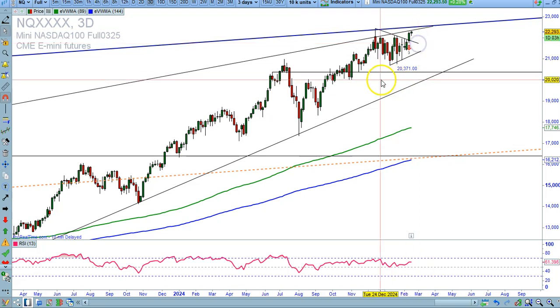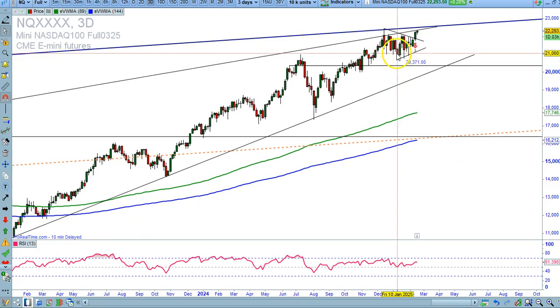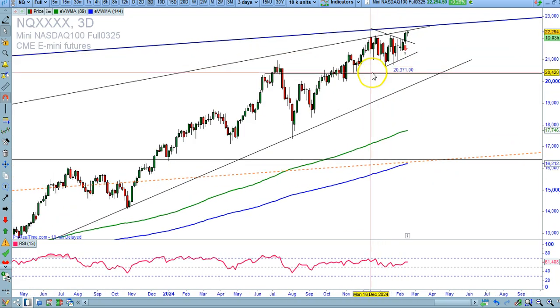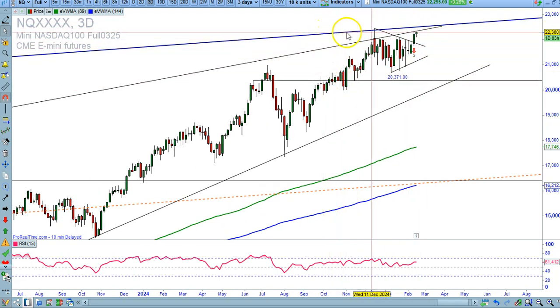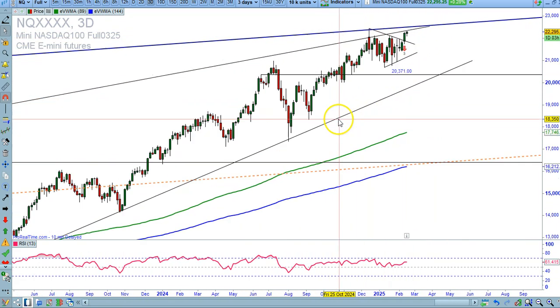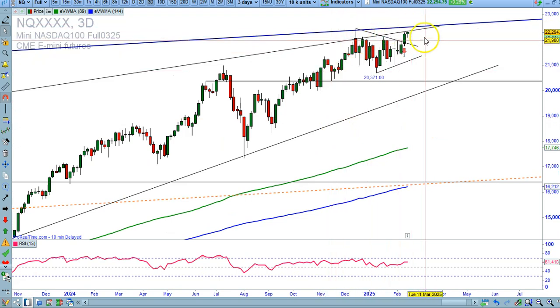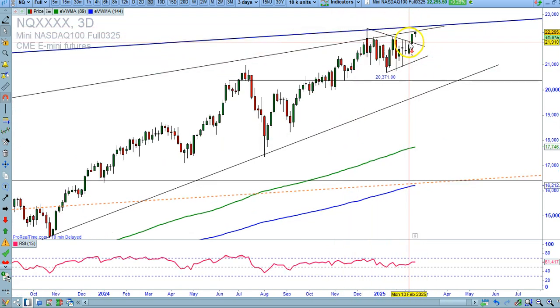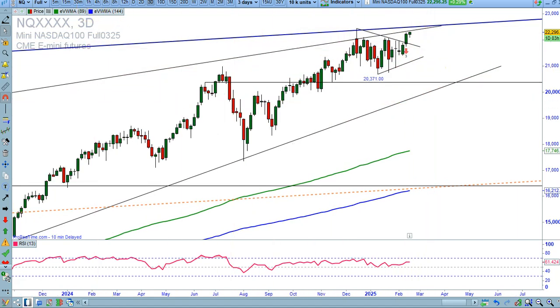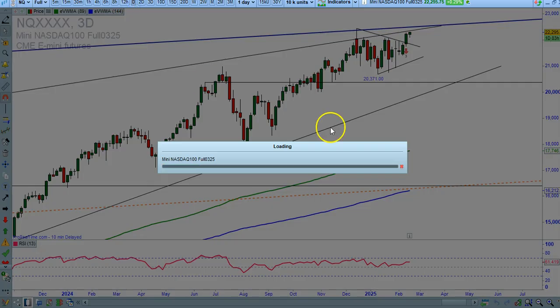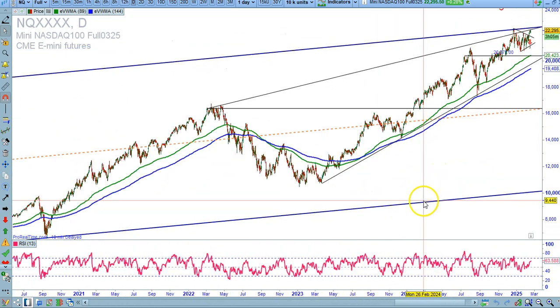So basically we have a kind of broken triangle to the upside, but that does not mean anything, because we are bound to this upside resistance, which is around 22,400, and the rejection here could lead again to a test of 20,370 in the medium term.